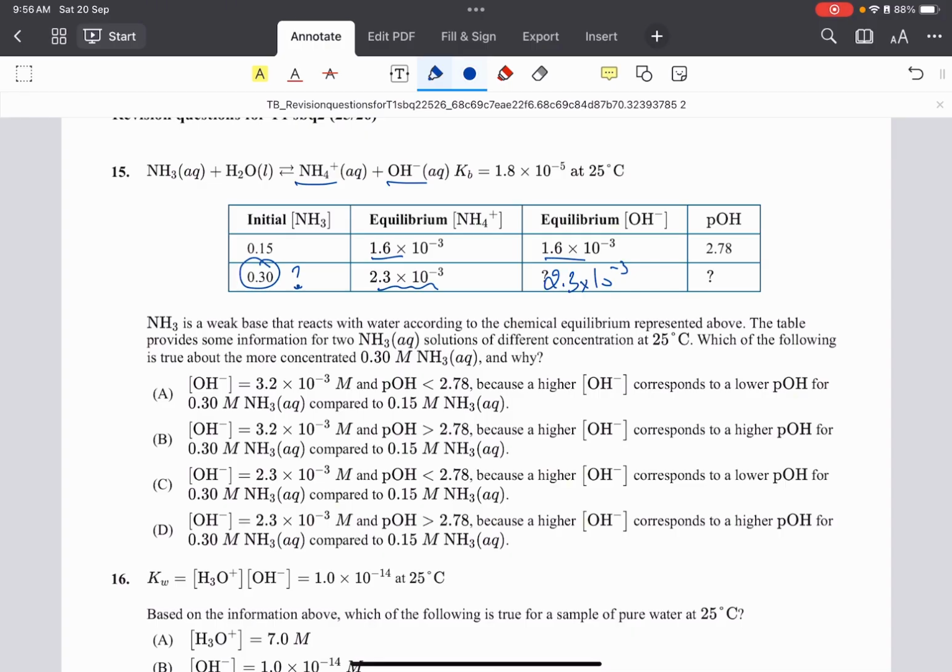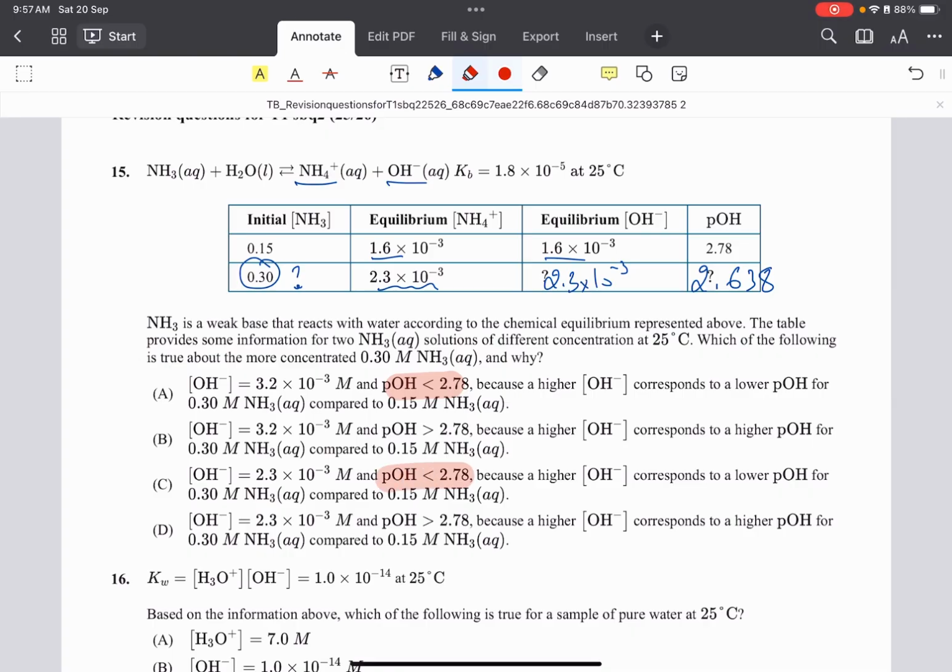And the pOH, if I do minus log of this value, I'm going to get the pOH. So if that makes you comfortable, you can calculate it. So minus log of 2.3 times 10 negative 3 is going to be 2.6. Okay, so slightly less. So let's look at the answer that says pOH is slightly less than 2.7.